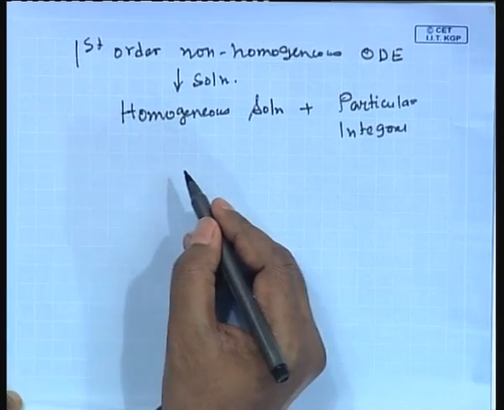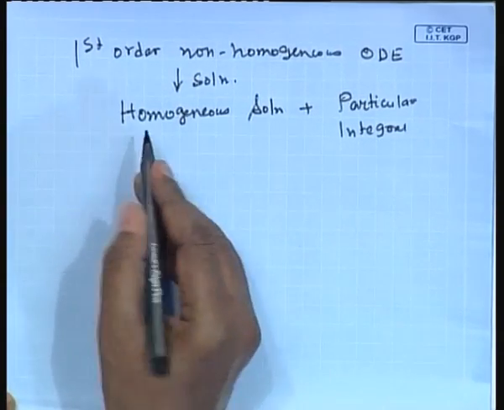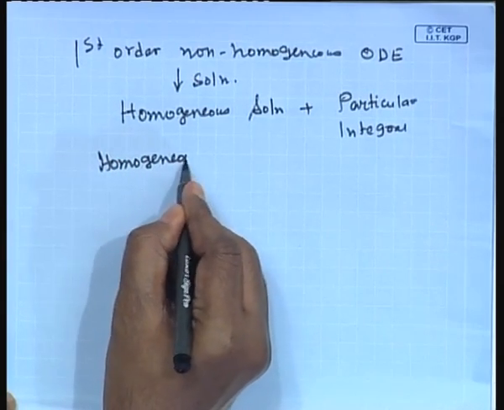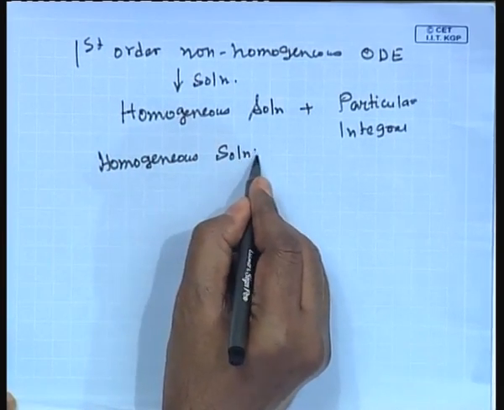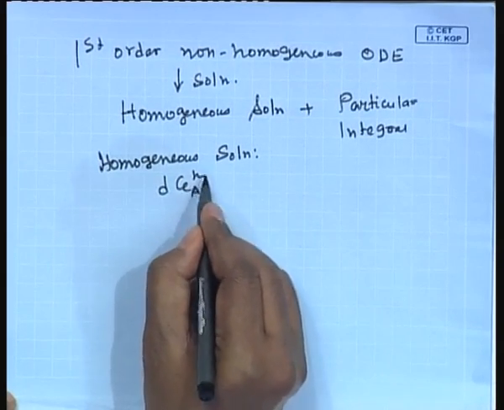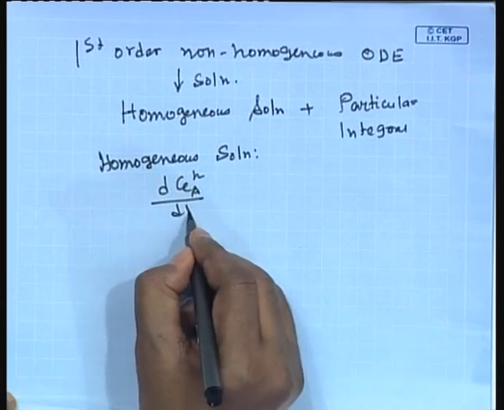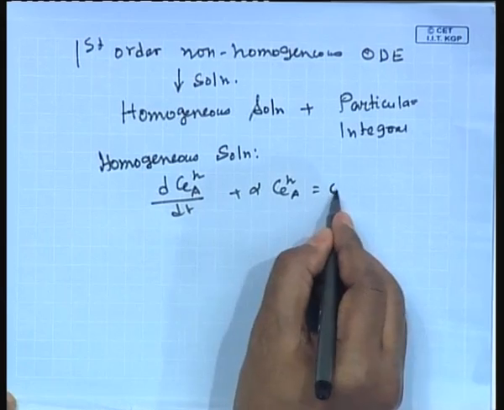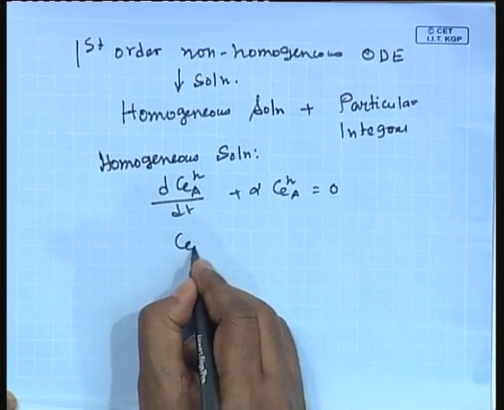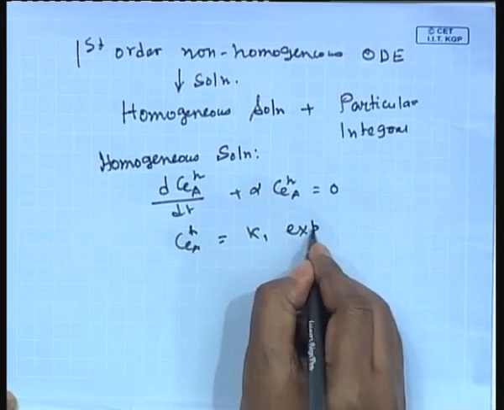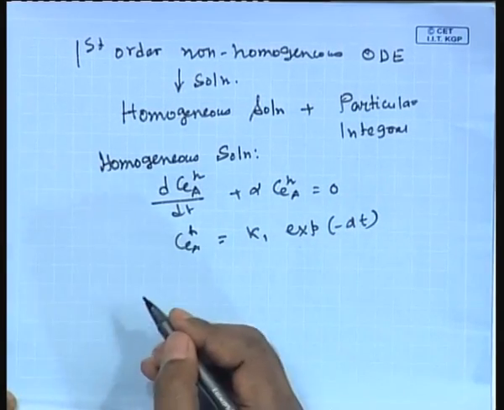Let us look into the homogeneous part and the particular integral both. The homogeneous solution gives dCEAH/dt plus alpha CEAH is equal to 0, where H is homogeneous, and the solution is CEA homogeneous part is some constant k1 exponential minus alpha t, right.